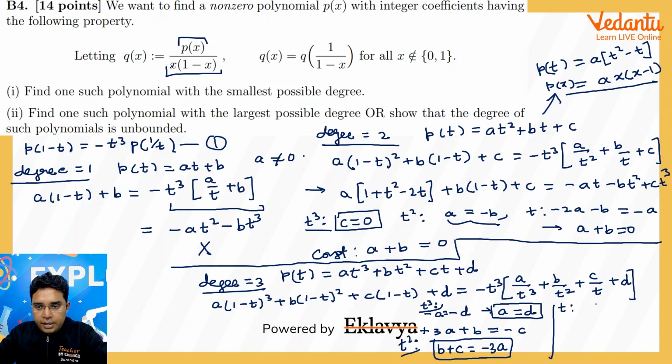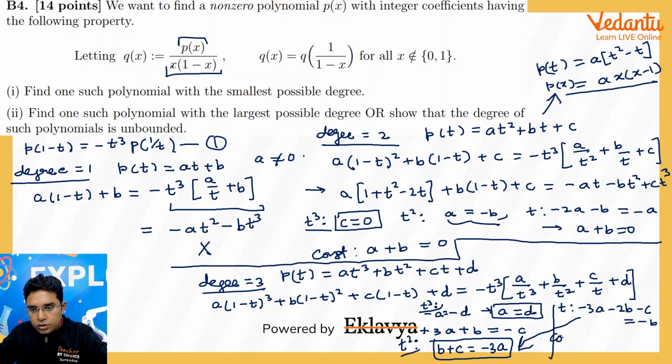On the left hand side it will be minus 3a minus 2b minus c, and that will be equal to minus b on the right hand side. Okay, so here we will be getting b plus c is equal to minus 3a, the same equation as we got here. So I think t square and t, they are implying the same thing.